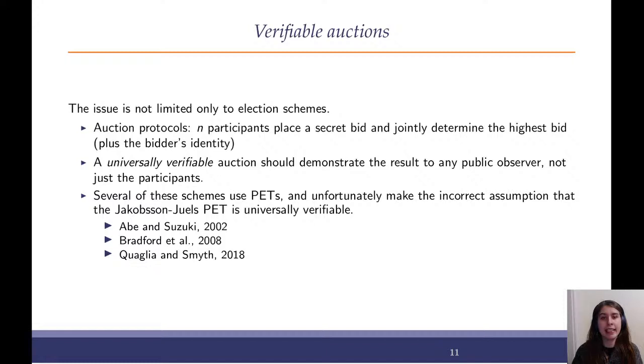Now, we noticed that a few papers did indeed claim to have this universal verifiability property. Several of them use a plaintext equivalence test, just like Civitas, and unfortunately, several of them again make this incorrect assumption that the Jacobson-Juels PET, which they cite, is universally verifiable. So here's a short list here.